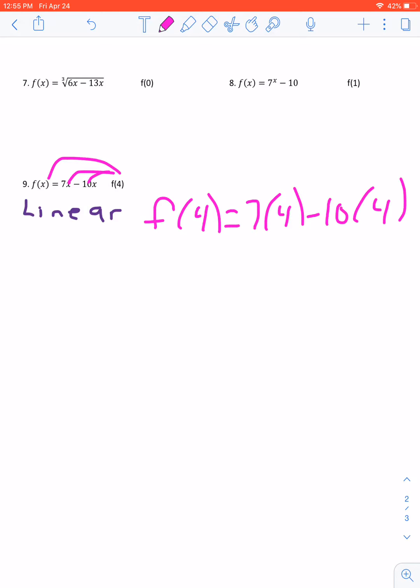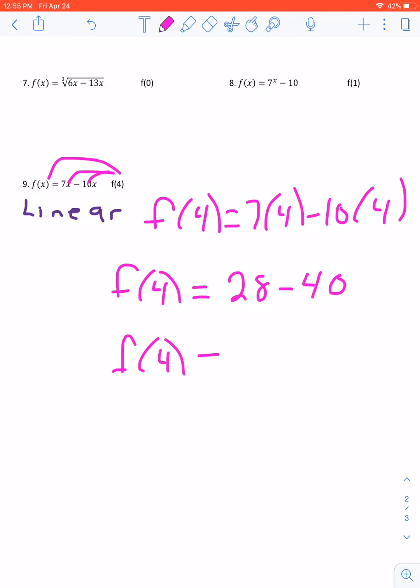Obviously, you could do 7x minus 10x first, but either way, it doesn't matter, you'll get the same answer at the end. So f of 4 equals 28 minus 40, because 7 times 4 is 28, and 10 times 4 is 40. So then f of 4 equals negative 12.